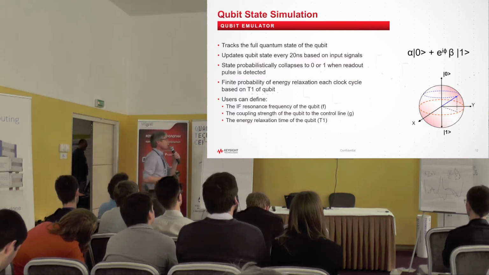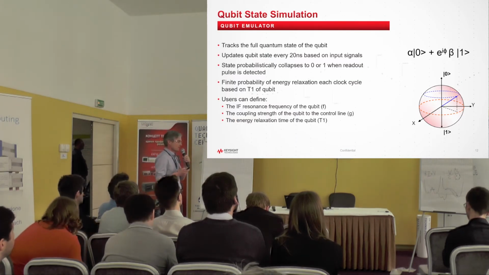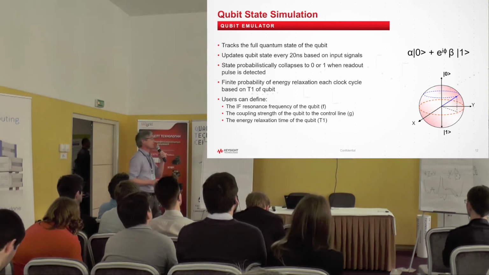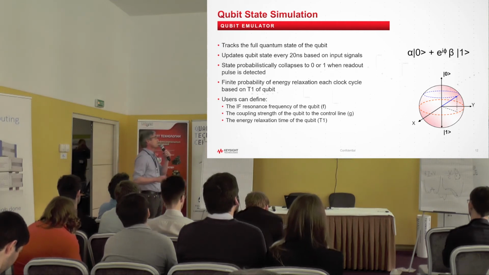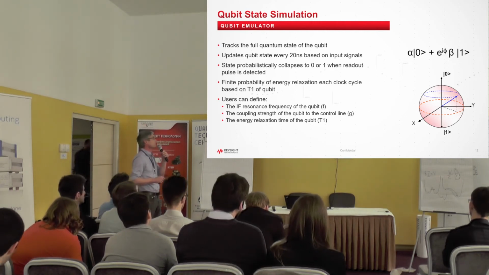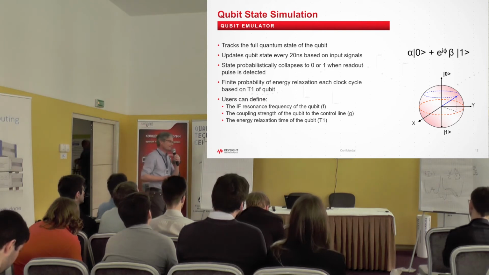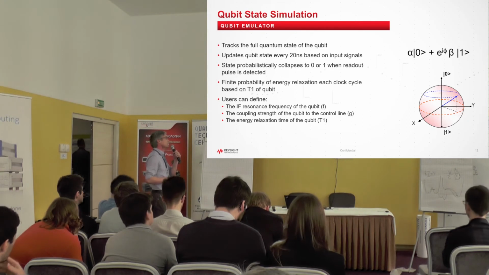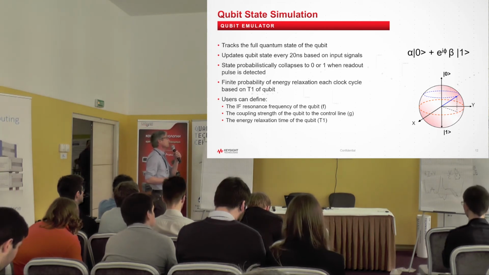First of all, we made an FPGA image, so it works in real time. We control the state of the qubit, and every 20 nanoseconds we update the state of the qubit. We have, I would say, a probabilistic engine that makes the qubit collapse to 0 or 1 as a reaction to the readout signal.